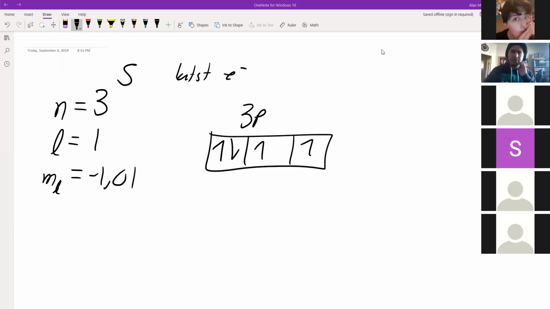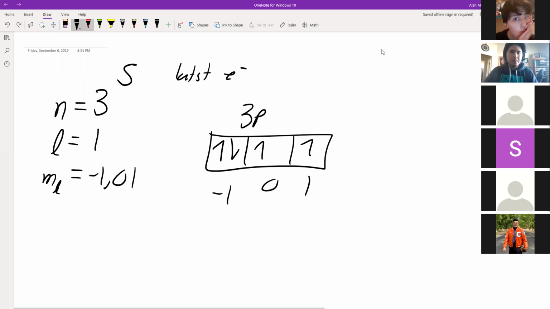We have -1, 0, 1. It's in -1, right? But which of these two electrons within -1 is the last one? The one pointing downwards, exactly. So here's our last electron, and so that means that mL is -1.